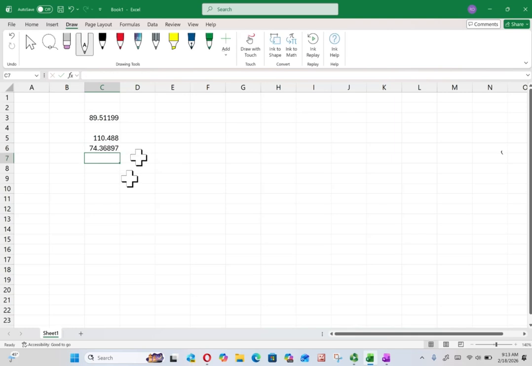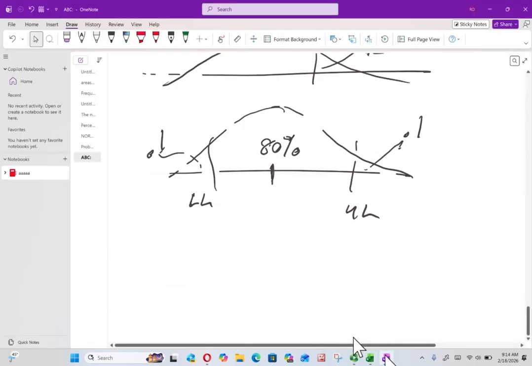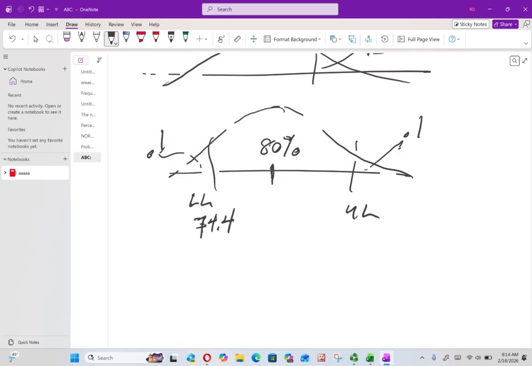That value is 74.4. That cuts off 10%. If I want the upper end, I need to use 0.9 because I want 10% to the right, 0.9 to the left. And that's going to cut off the middle 80%.